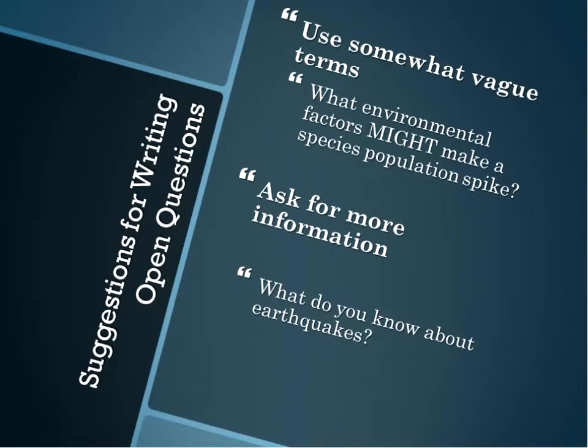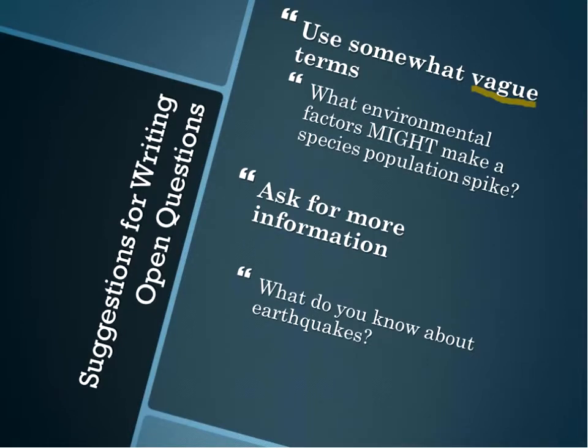Scientists and science teachers do not like the idea of a vague term. But what I mean by that is that we're asking questions where it doesn't have to be the right answer. It has to be what they think. So I could ask what environmental factors might make a species population spike. And we get a list of those. And yes, some of them are probably not going to be correct.